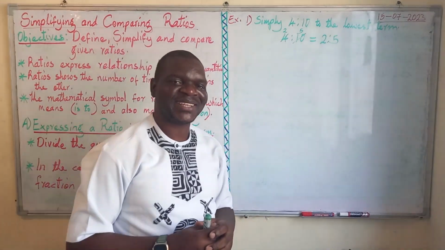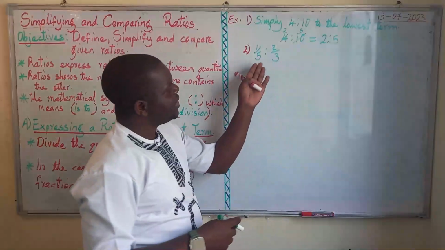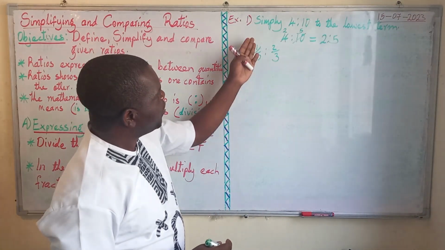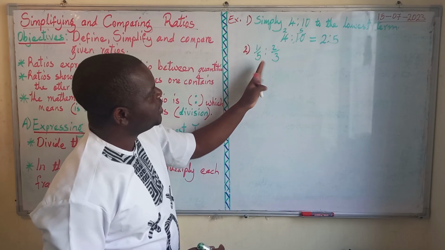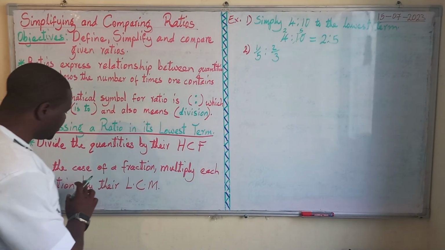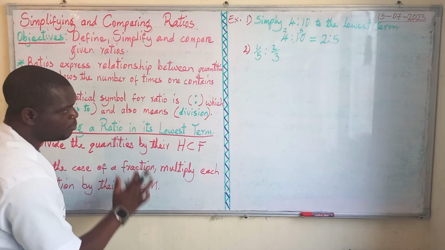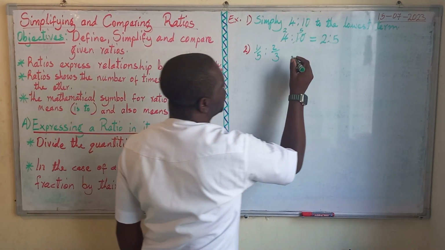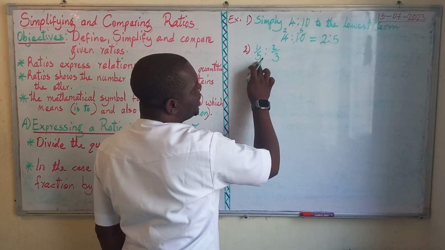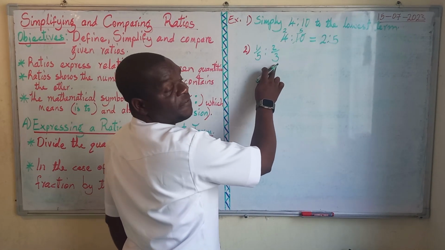This is not all. Let's look at some other examples. Our next question is a fraction: 1/5 is to 2/3 in its lowest term. In the case of fractions, we multiply each fraction by their lowest common multiple. The first thing to do is find the lowest common multiple of 5 and 3, and that is 15.